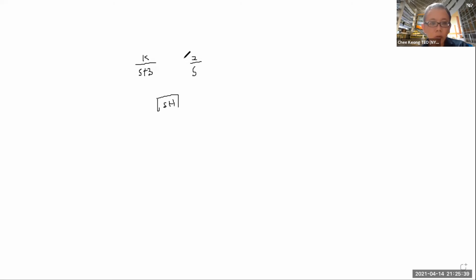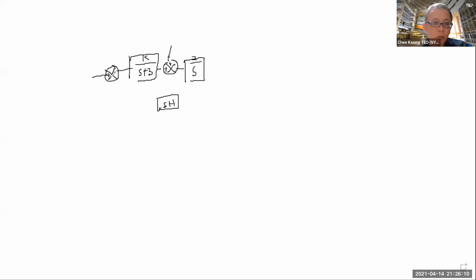These are your three blocks, with a summing point in the middle and another summing point in front, which is a negative summing point.